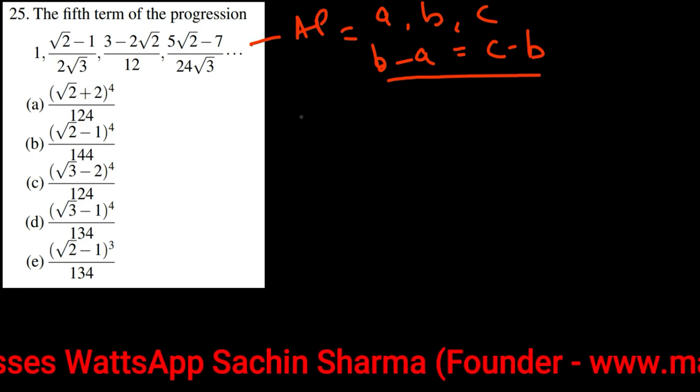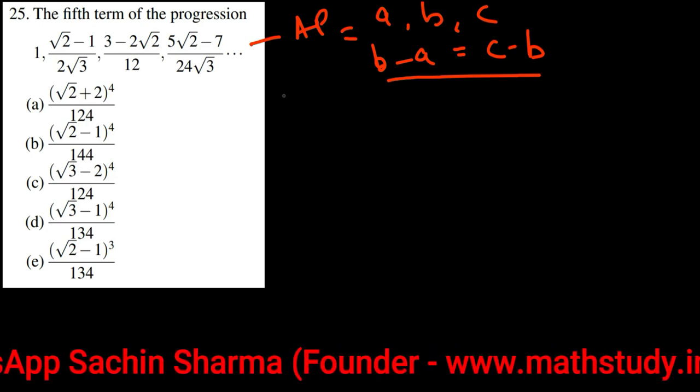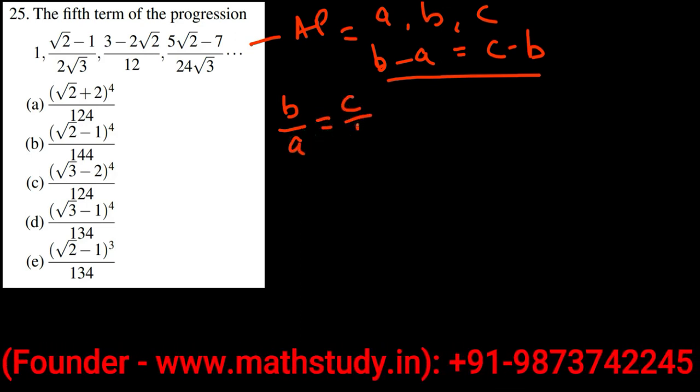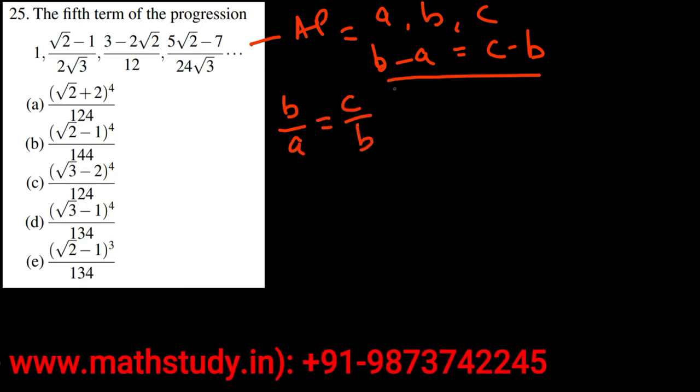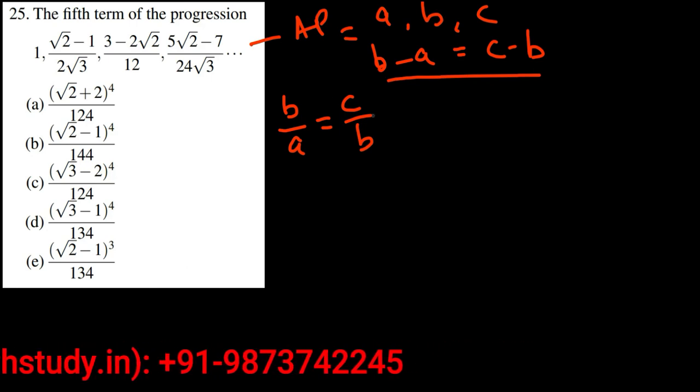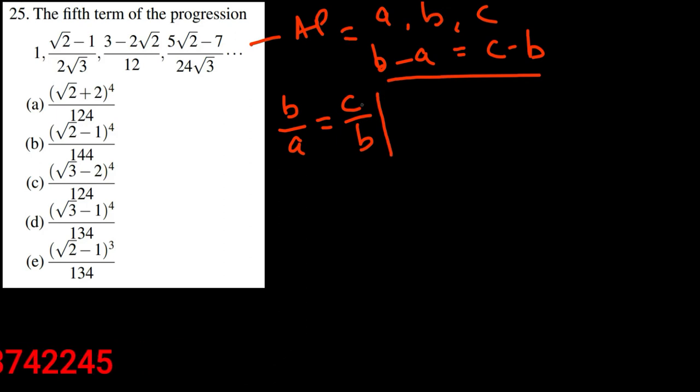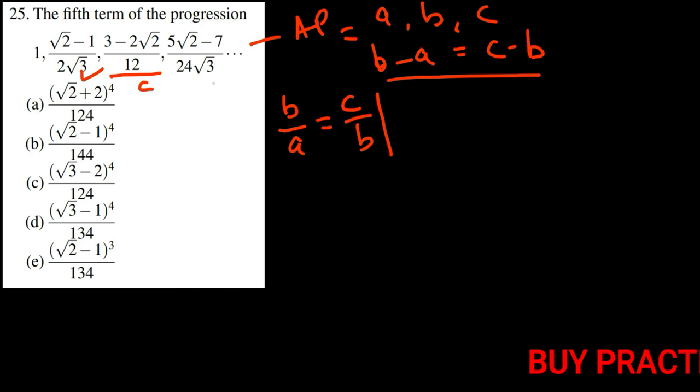Let us take the ratio: b upon a should be equal to c upon b. If a, b, c are in GP, then this ratio should follow. Here a is our first term, which is 1, b is the second term and c is the third term.